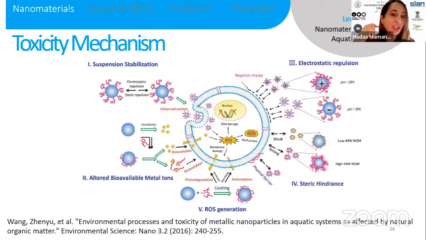This actually explained the enhanced toxicity of the copper oxide metallic nanomaterials by fulvic acid. Fulvic acid resulted in dissolution of copper ions, and this impacted the increase in the toxicity of those nanoparticles. So this is another impact of natural organic matter on the toxicity.